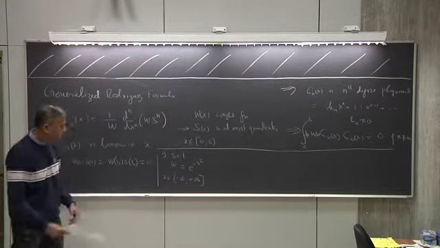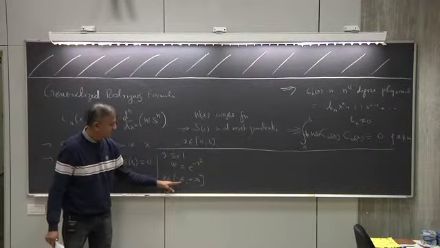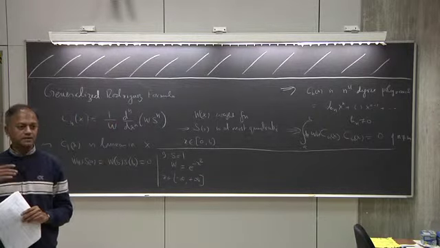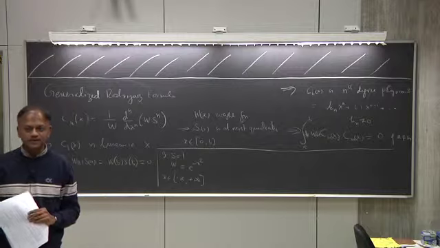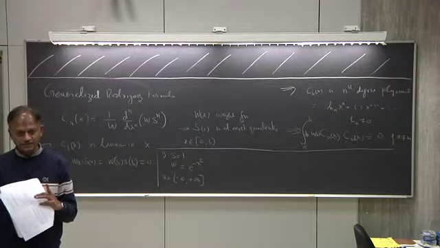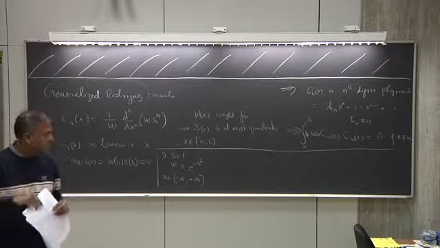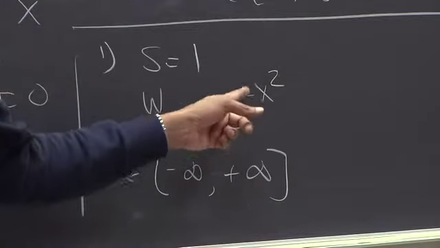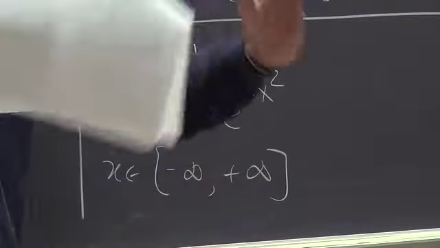Notice that here I have extended the Weierstrass theorem, which basically said that any function can be arbitrarily well approximated by polynomials. That was for a finite interval. Now we have extended the interval to infinity, but that is possible because the weight function is a Gaussian.